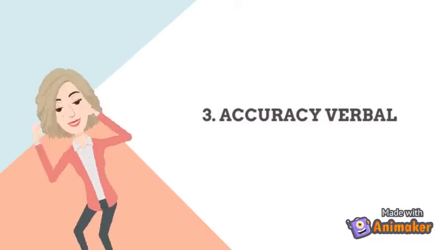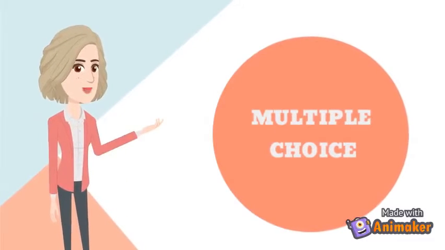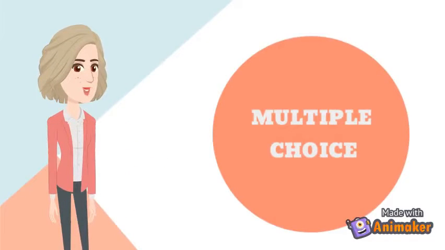the environment. Okay, I will present about multiple choice items. Probably the most common way of testing grammatical knowledge is the multiple choice test. These tests have the advantage of being easy to create and being able to cover a lot of grammatical points quickly.